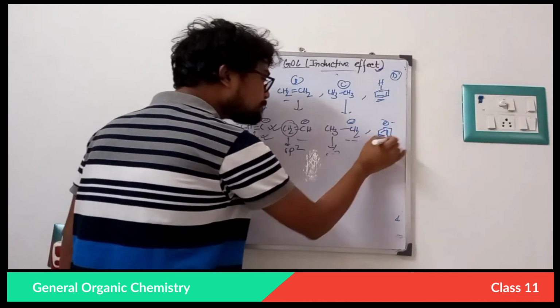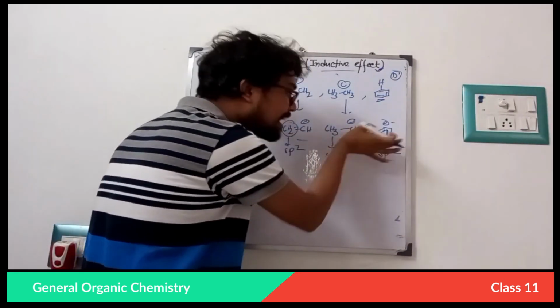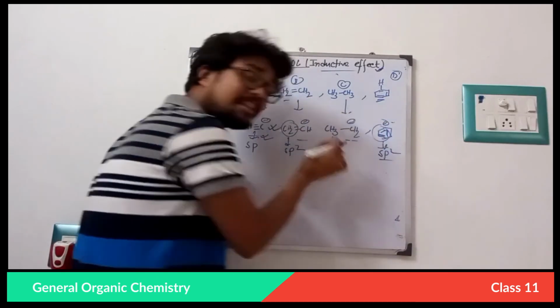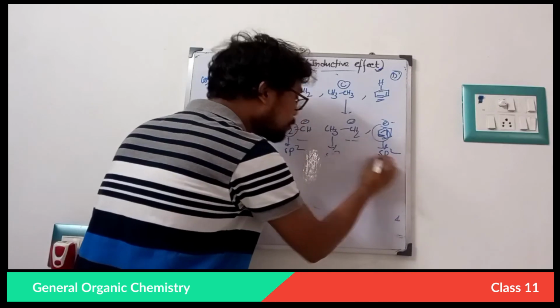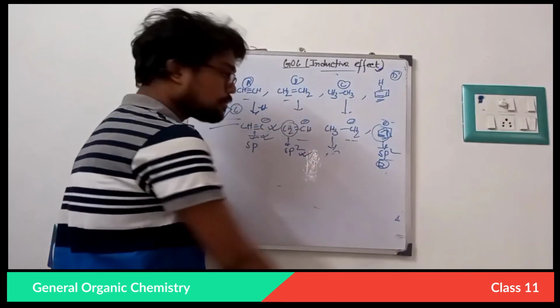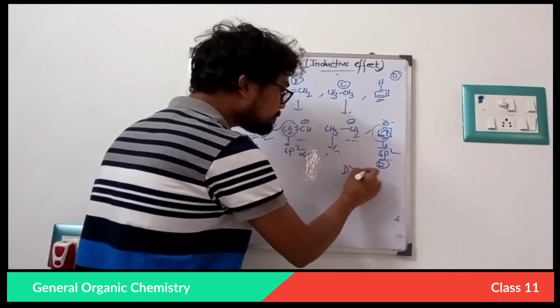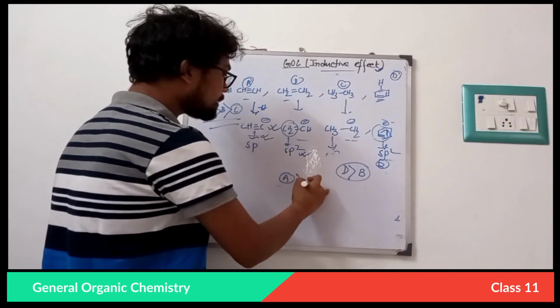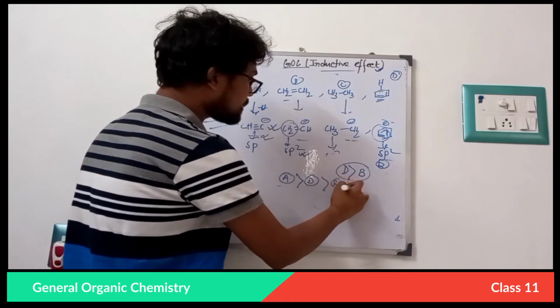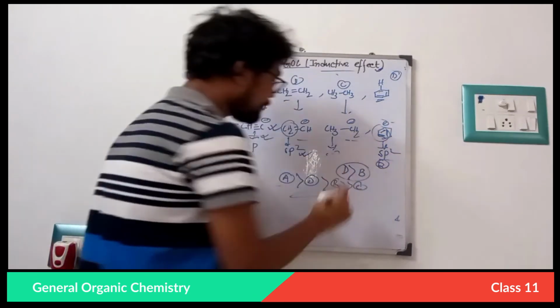So 3 sp2 atoms have more electronegative effect. These 3 sp2 atoms are more electronegative, so this becomes more acidic than this one. D is more acidic than B. So what is the order? The order is A greater than D greater than B greater than C. This is the final order.